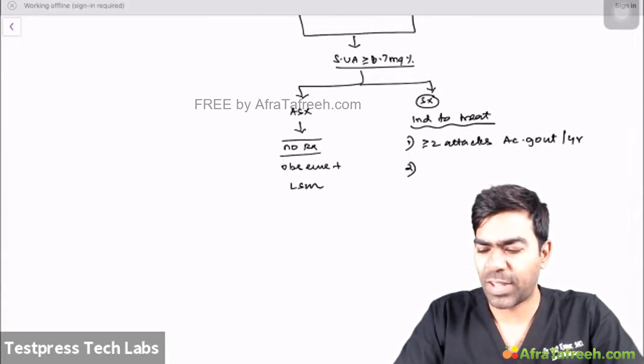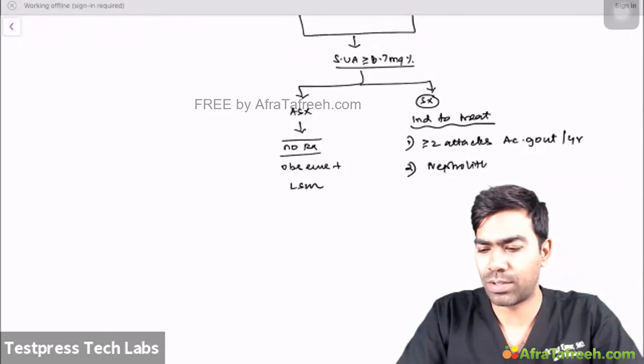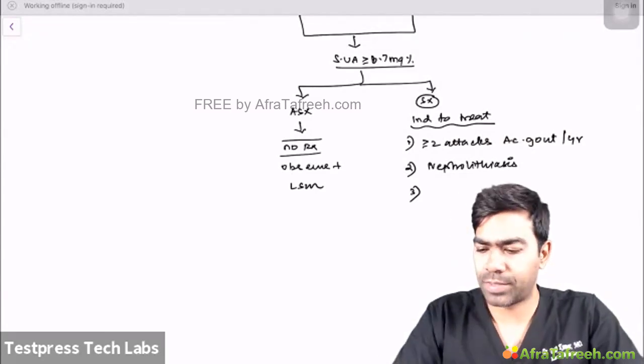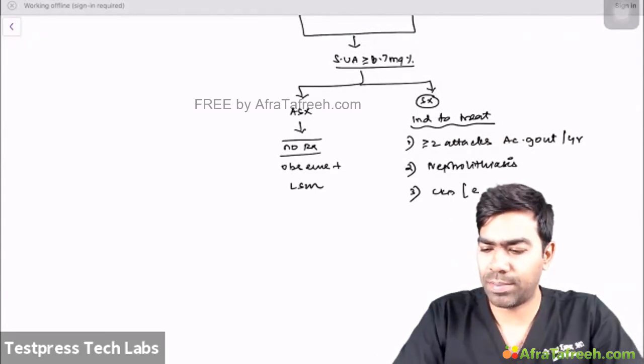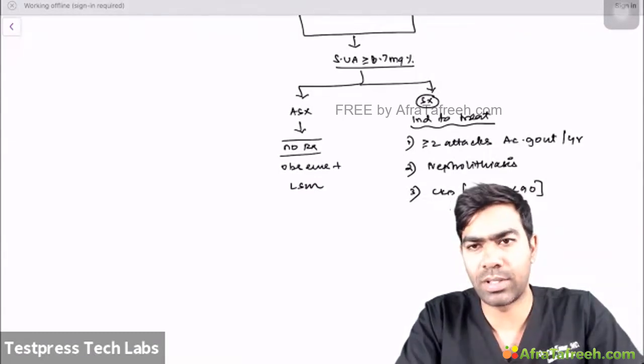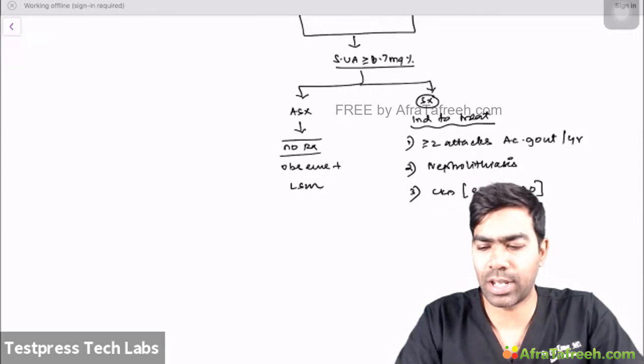Second, if the patient has nephrolithiasis, that is uric acid stones. And number 3, if the patient has CKD, that is any patient with eGFR less than 90 mL per minute per 1.73 meter square. So those patients can be started with uric acid lowering agents.